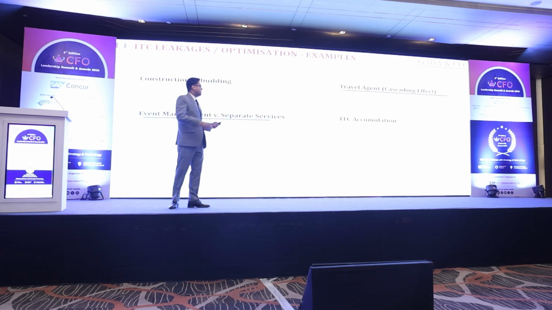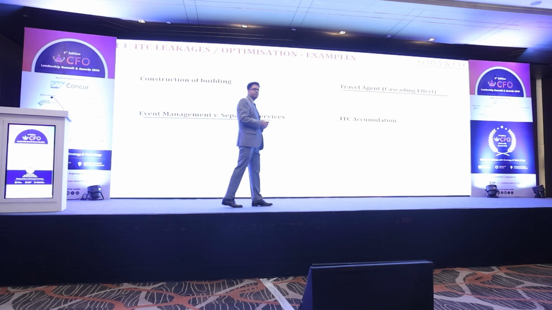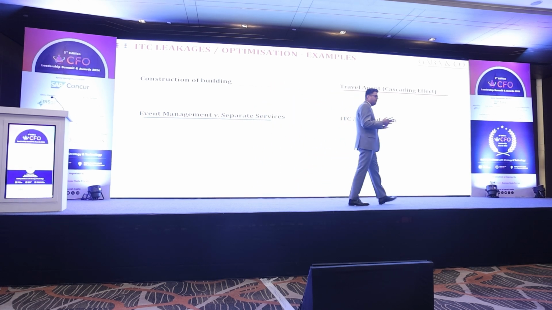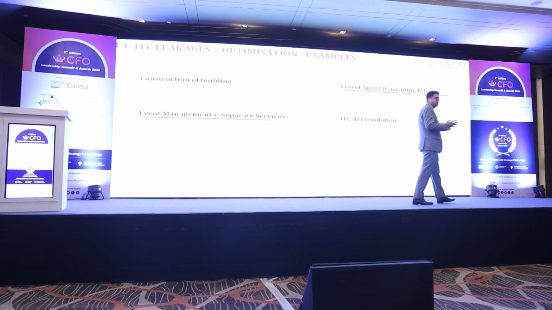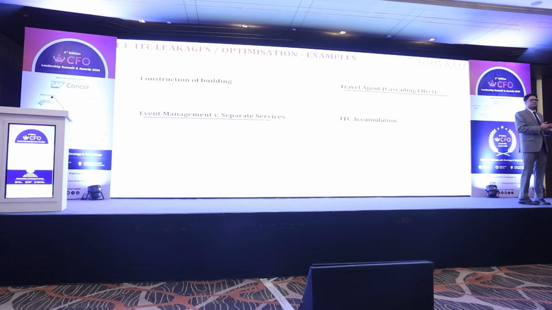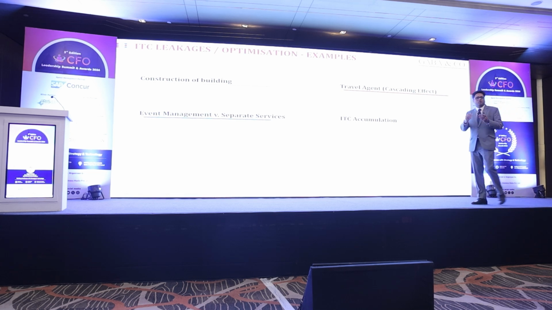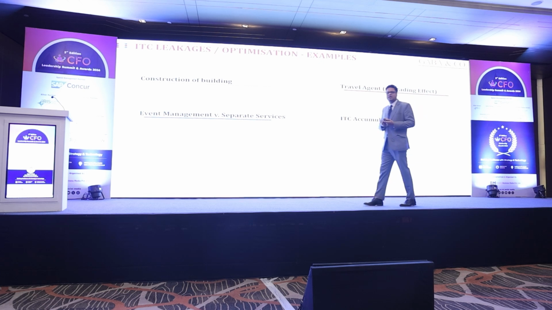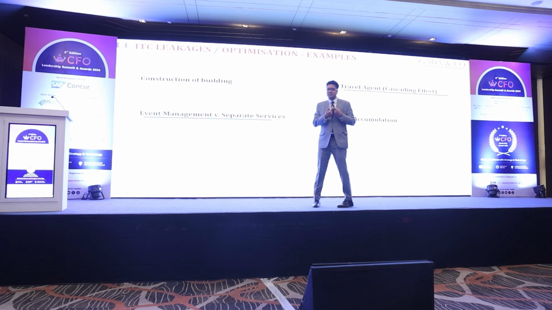Then there may be ITC accumulation. You have multiple units, and in certain units there is ITC accumulation. But you have multiple businesses. For example, you have a business of 5% GST rate, a business of 18% GST rate, and 12% GST rate. So you can liquidate ITC accumulation in multiple ways, and there are legal ways.